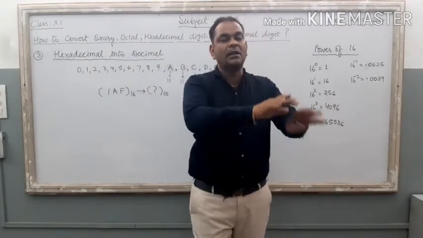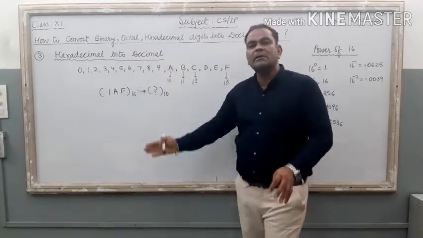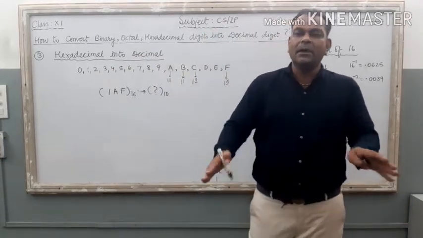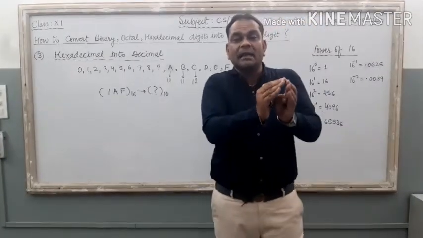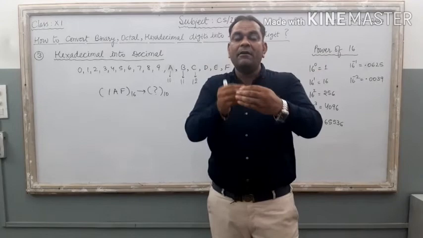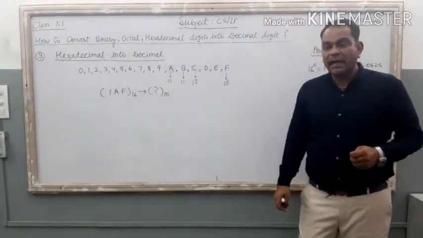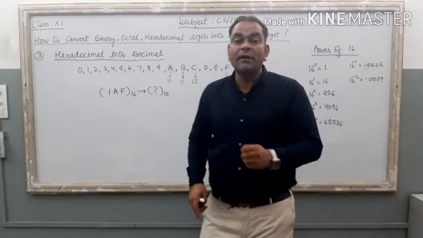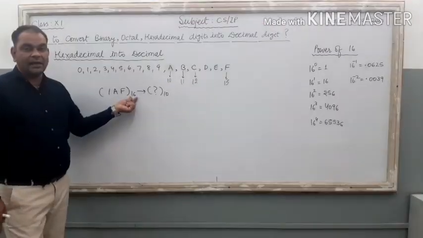Octal into decimal, the method is also the same. And the last one, hexadecimal to decimal, the same method is applicable. Just expand the given digits and multiply each digit, starting from right to left, by the increasing powers of the base value. Here, what is the base value of a hexadecimal number? The base value of a hexadecimal number is 16.